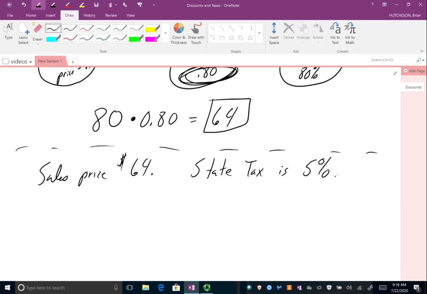It just doesn't happen that way. How do we figure out what our tax is and our final walk out the door price? Well, we take the sales price of 64 bucks plus the tax. So this is the tax amount to be our out the door price.